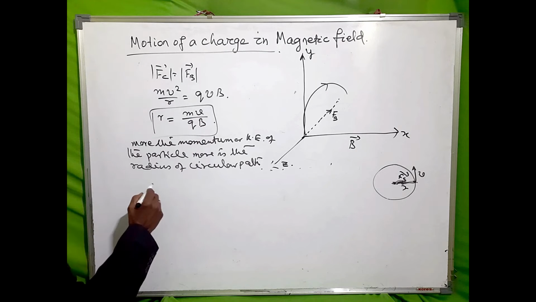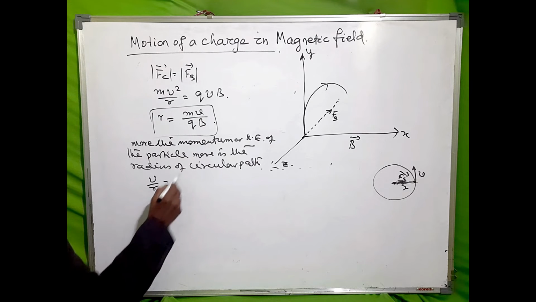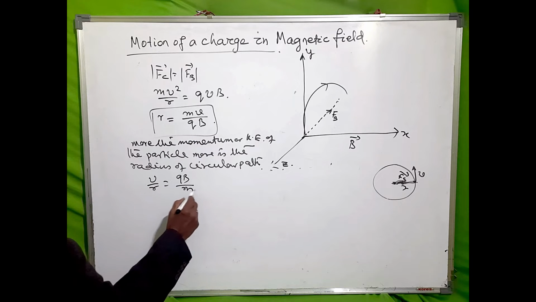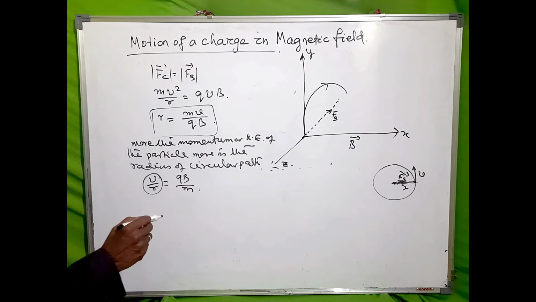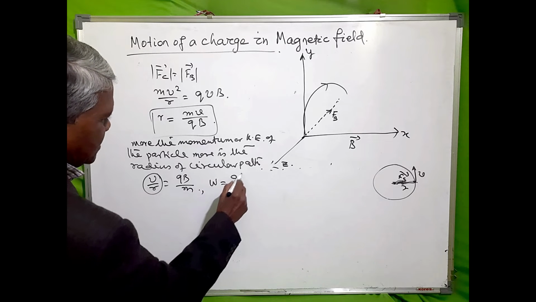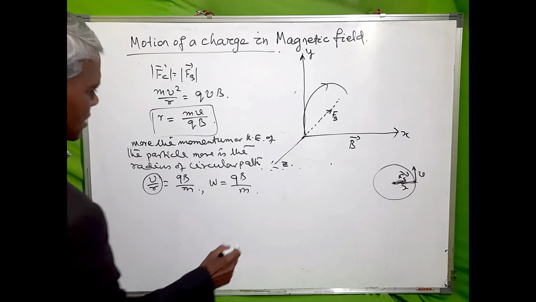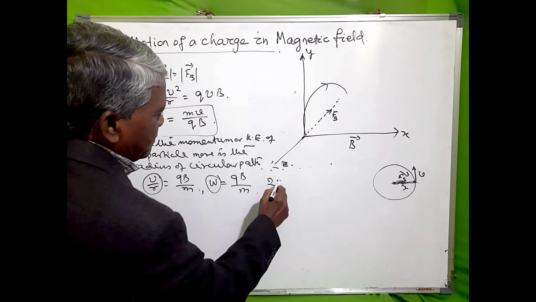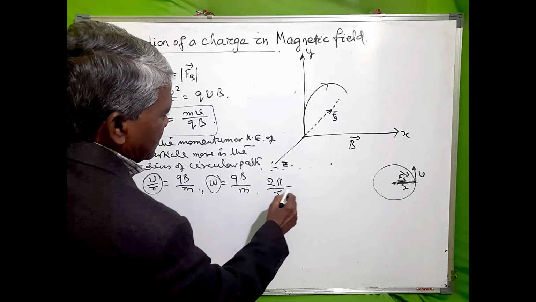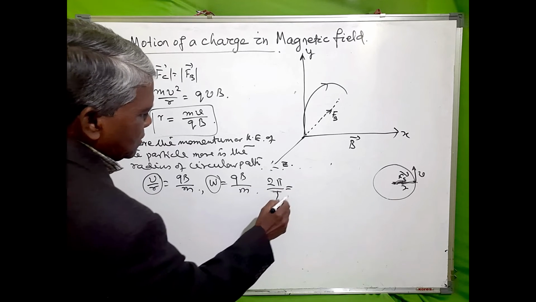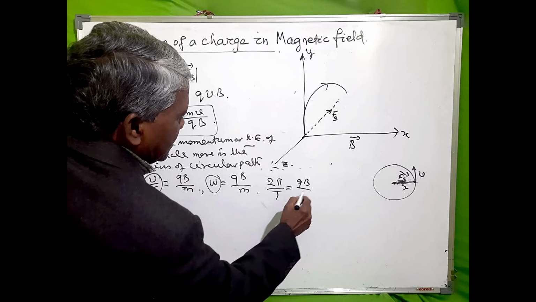Again, here you can find out v by r is equal to q B by m, and this v by r is angular velocity omega. Omega is equal to q B by m. Again, omega is equal to 2 pi by time period of one complete revolution, that is q B by m.